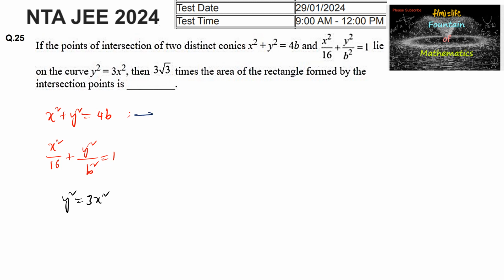So here x square plus y square is equal to 4b is a circle with the center at origin and the radius can be taken as 2 root b. And the next part, we can say x square upon 16, that is 4 square, plus y square upon b square is an ellipse, and whose vertices can be taken as plus or minus 4 comma 0 and 0 comma plus or minus b.